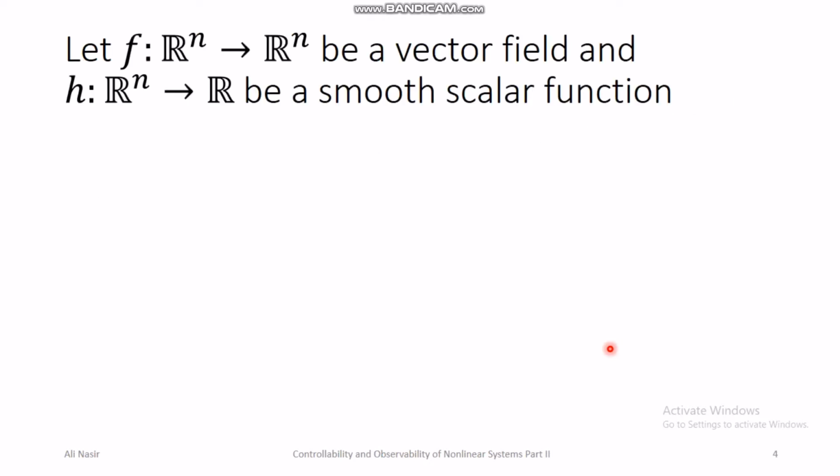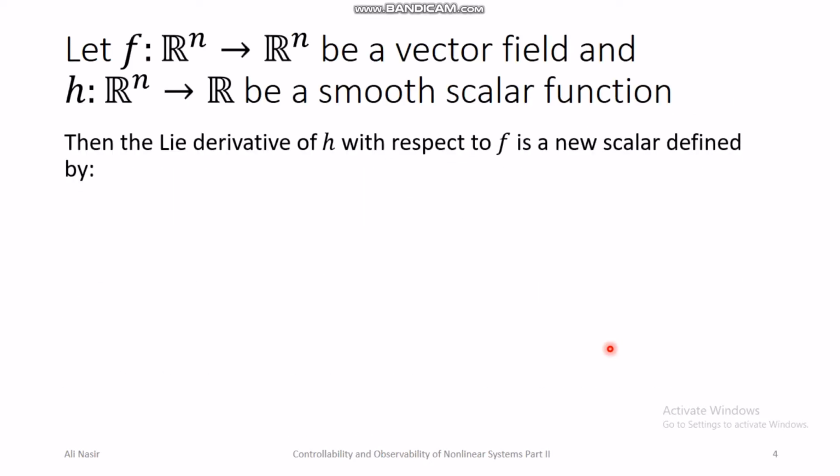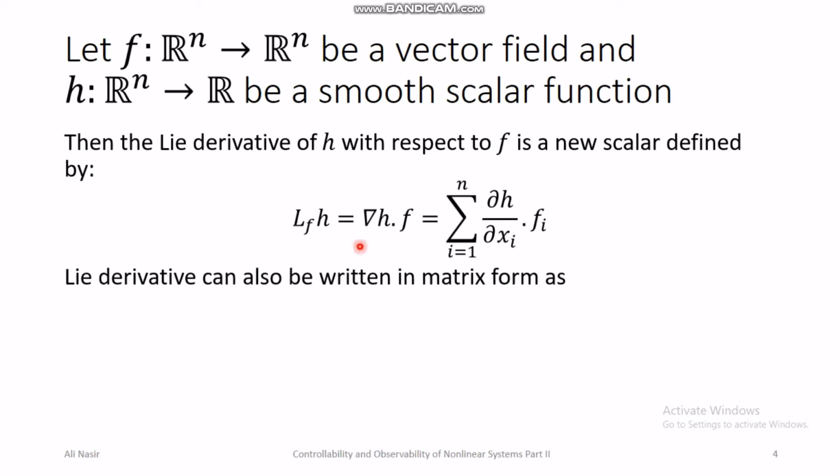And then we looked at the Lie derivative. The definition of Lie derivative is just the scalar dot product between the gradient of one vector field or a scalar field, this could be a vector field or a scalar field, there is no restriction here, with another vector field.